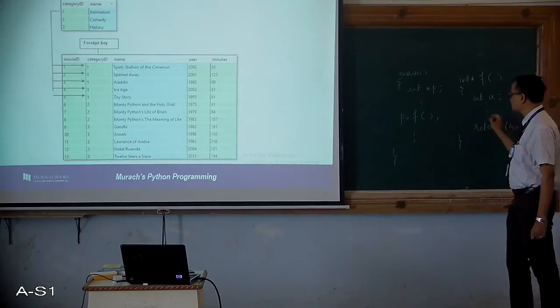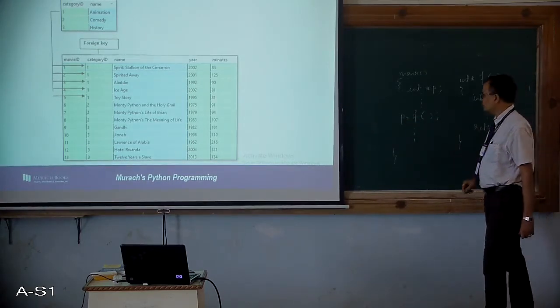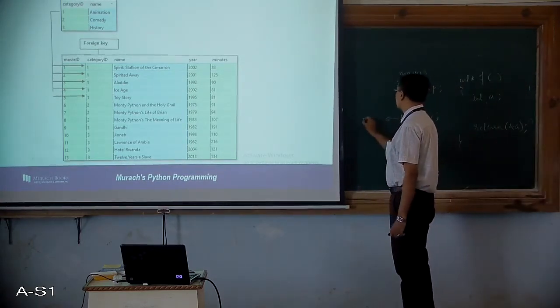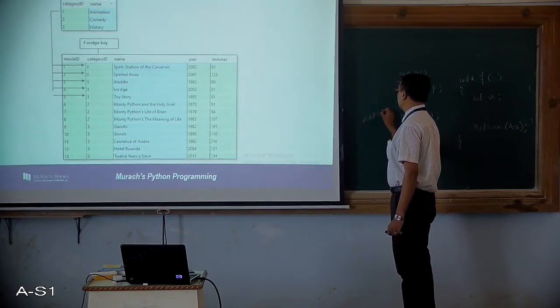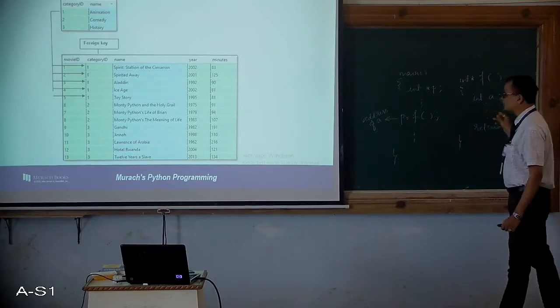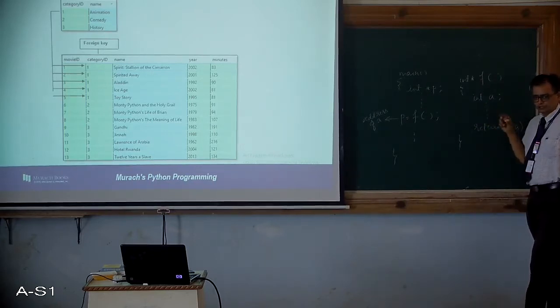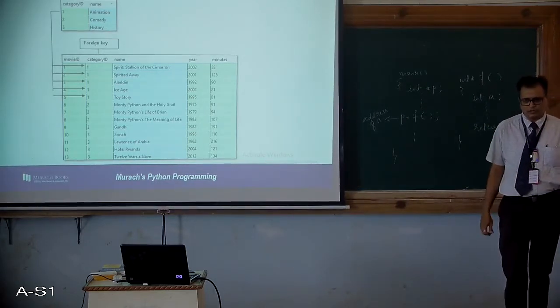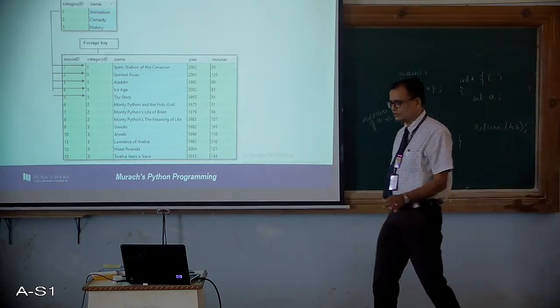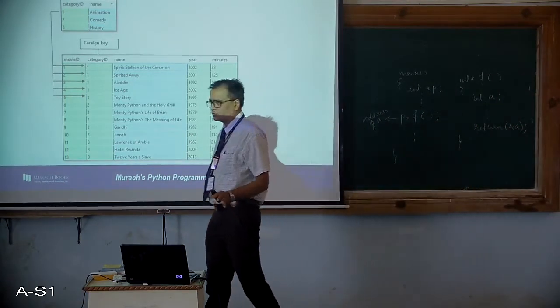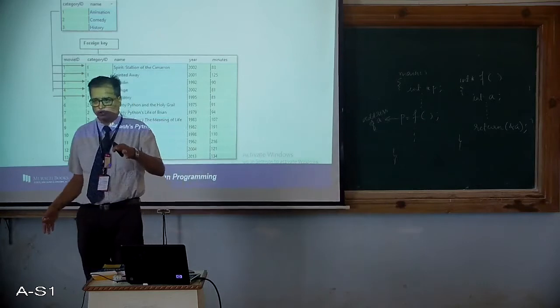So what is stored in p? Actually, what is stored in p? p will be holding the address of a, and a is the local variable of this particular function. Do you know what a local variable is? A local variable is the one whose scope and lifetime is related to a function.